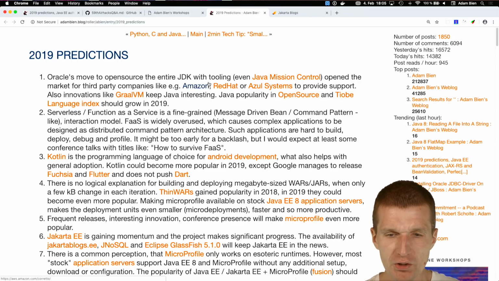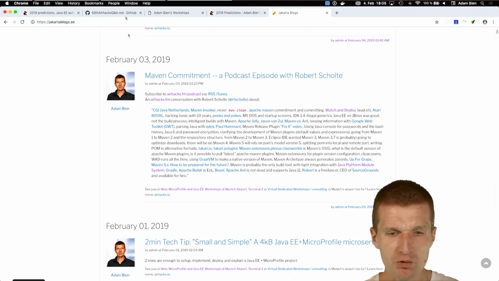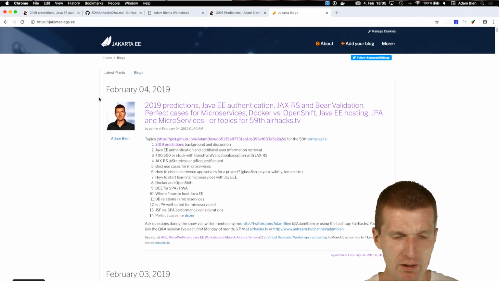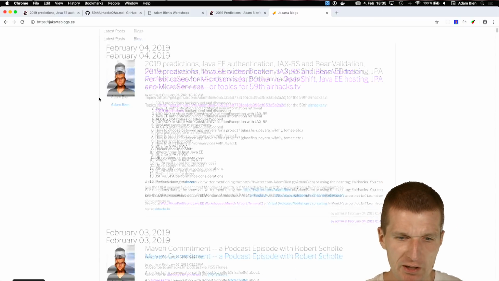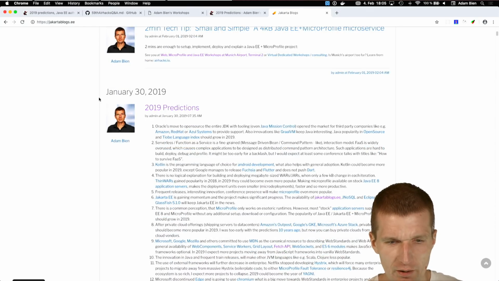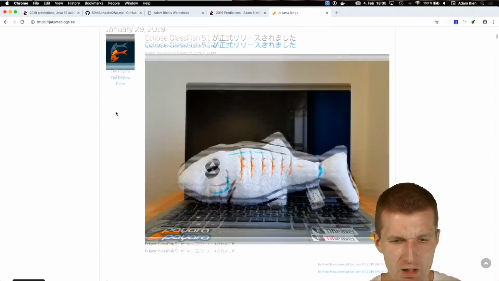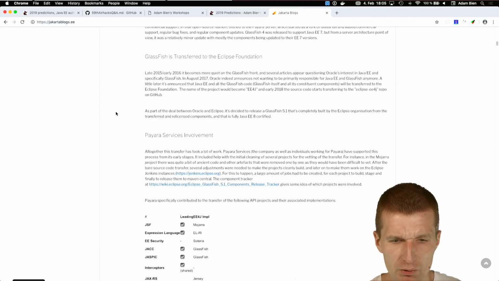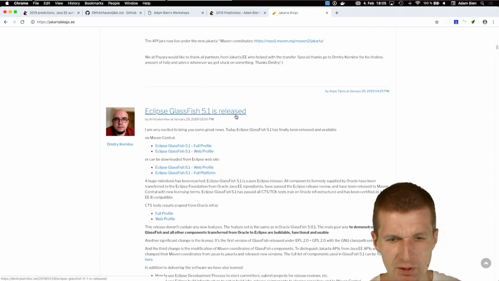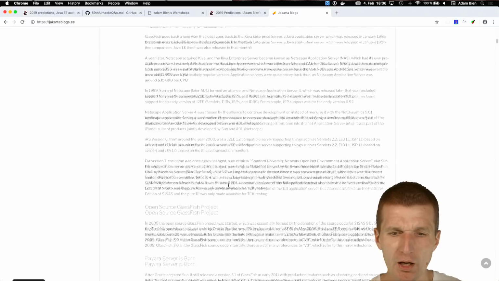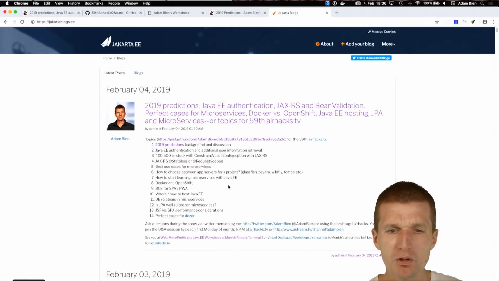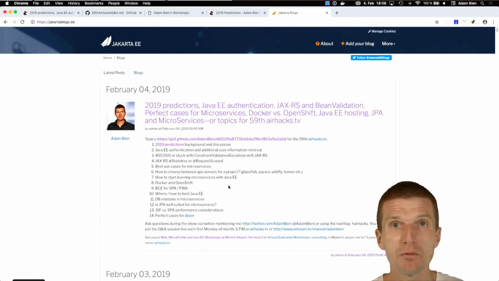Okay, now the next thing is the Jakarta blogs, a blog aggregator, which I really like. I was a little bit hyperactive, so the last four posts are from me, but they are really interesting posts about Jakarta EE, Eclipse, Glassfish 5.1, and so forth. And this really reminds me of Java blogs.